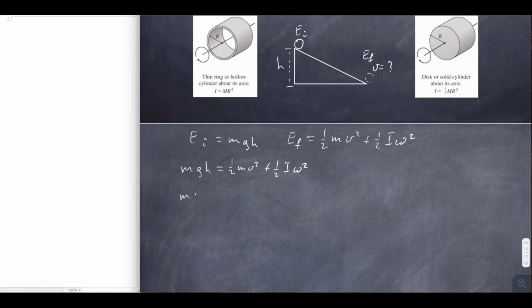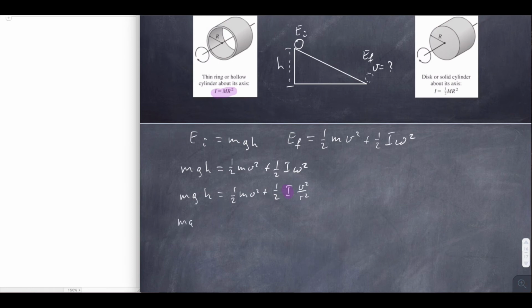And we can keep working on this, so we'll get 1/2 mv squared plus 1/2 I, and then this will be v squared over r squared. And now I just have to figure out my I. For the hoop, it's mr squared. So let's look at the hoop, or the hollow cylinder.